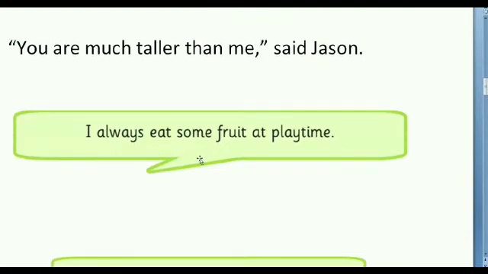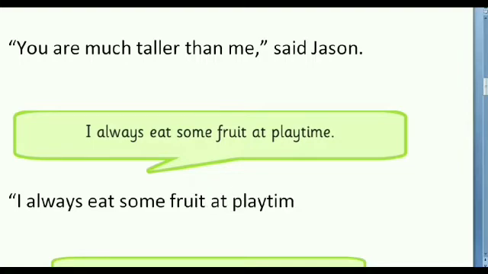I always eat some fruit at playtime. Let's do it together. So again, I want to transform the speech bubble into direct speech. How do we do that? Speech marks. Then write your sentence the exact same way. I always eat some fruit at playtime.